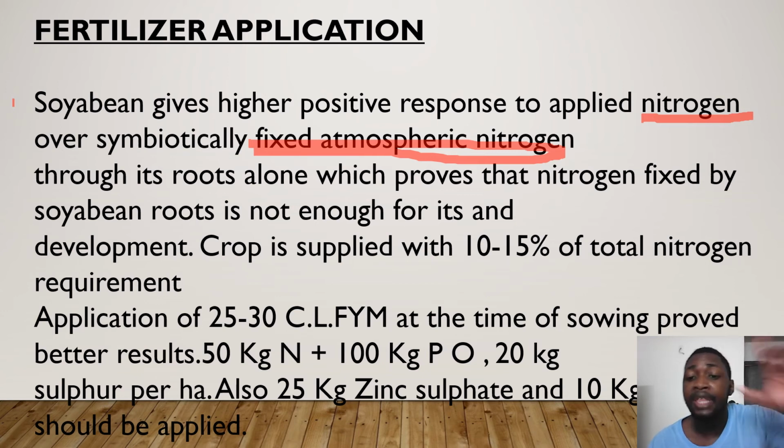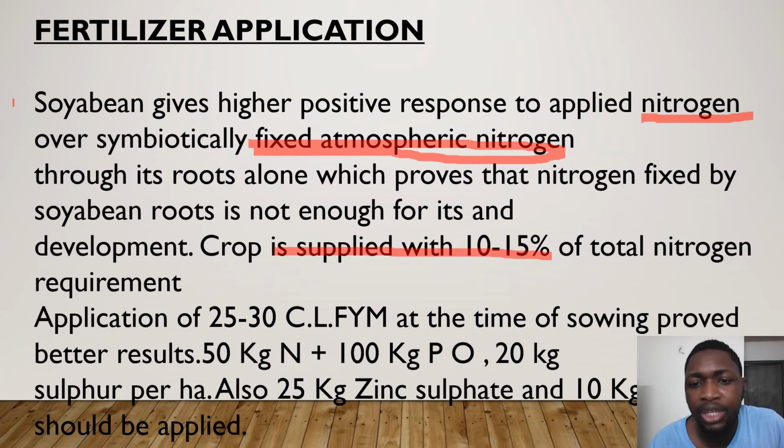We're simply saying that the nitrogen which is being fixed by the soybean by itself is not enough for its development. So thereby it needs a fertilizer which is nitrogen fertilizer.